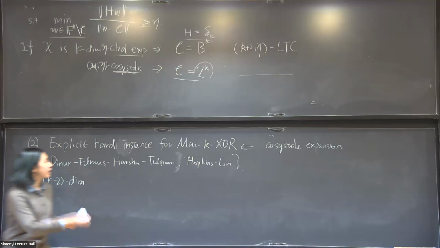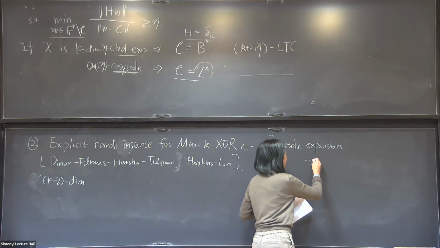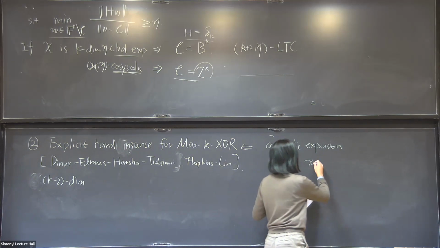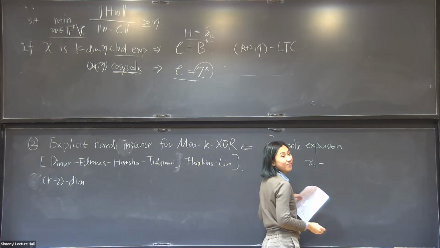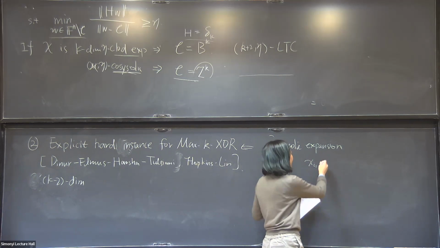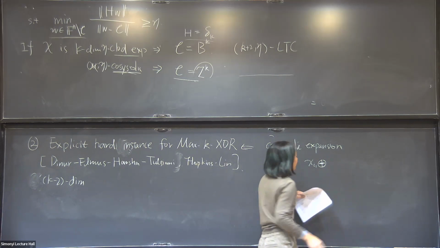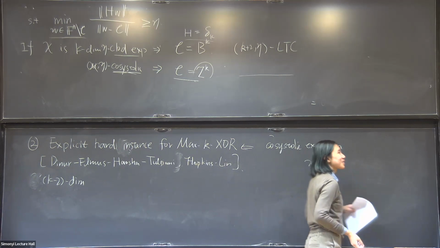Yeah, right, that's right. So basically KXOR means I have a bunch of variables, and over these variables I have constraints of the form. You are looking for the best assignment. Yeah, sure, best assignment. That's right.